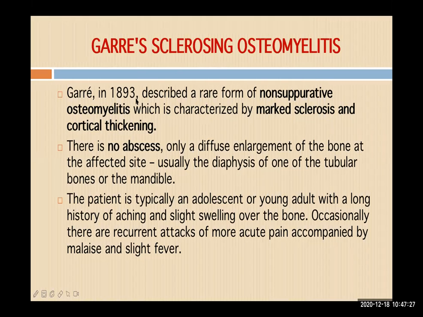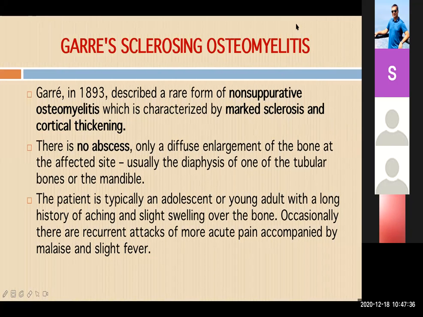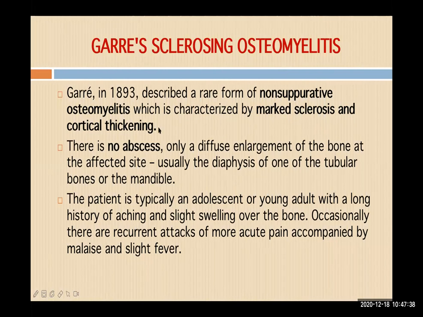Garre in 1893 described a rare form of non-suppurative osteomyelitis, which is characterized by marked sclerosis and cortical thickening. Now, this is a clear-cut picture of Garre's sclerosing osteomyelitis. There is no pus formation, number one.